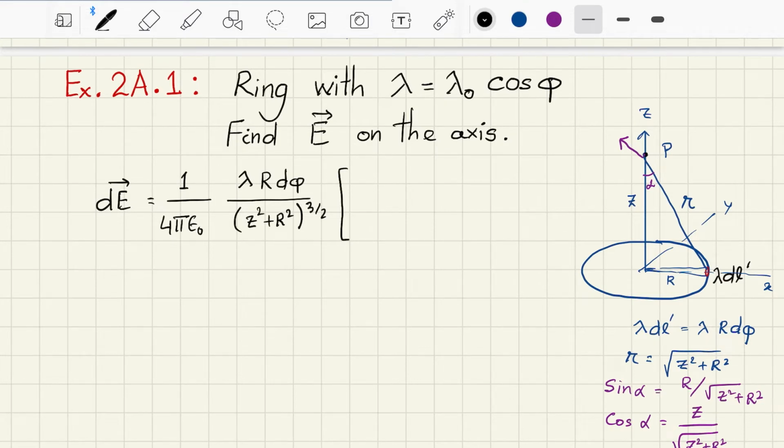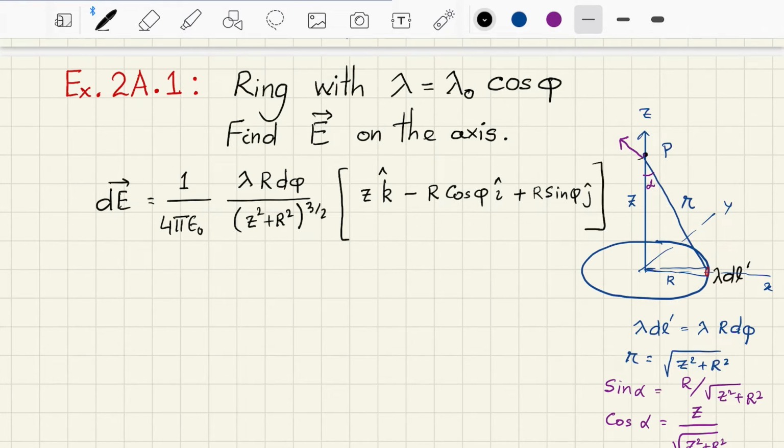And then z k, let's say, and you can resolve it in the i and j directions. So this will be minus r cos phi i plus r sin phi j.